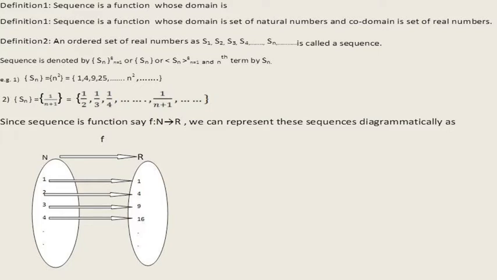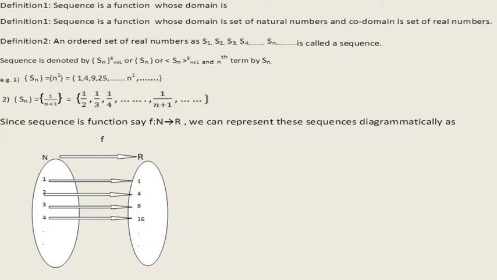or simply Sn in curly bracket, or in this other bracket we can write Sn with n is equal to from 1 to infinity, and nth term of this sequence can be written simply as Sn.